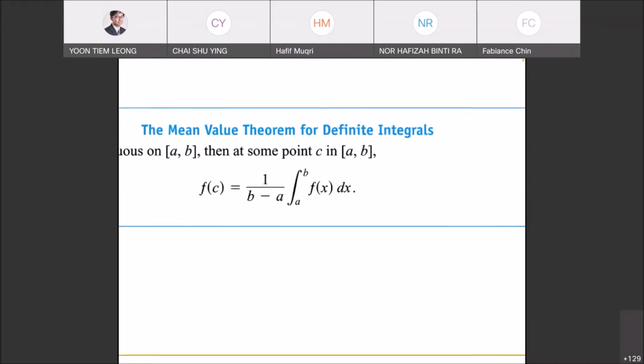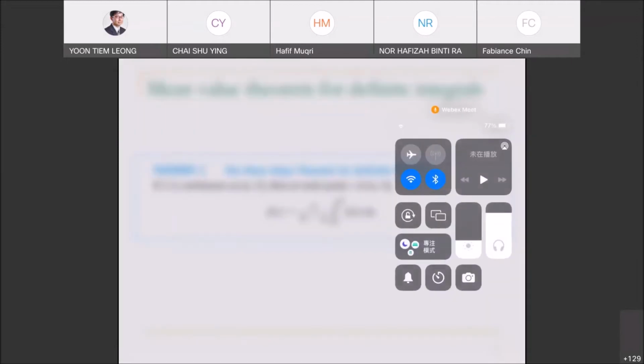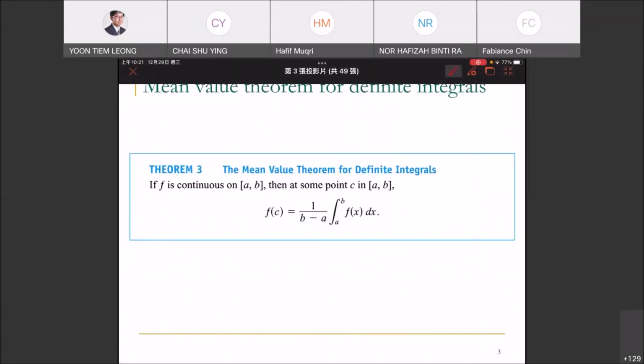Now this is very important. It's important because it would actually give you a theorem that would relate the definite integral and the indefinite integral.